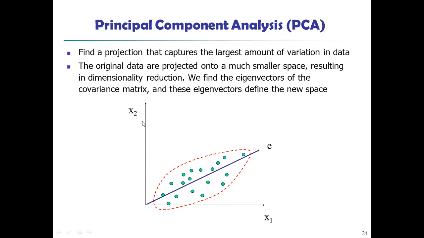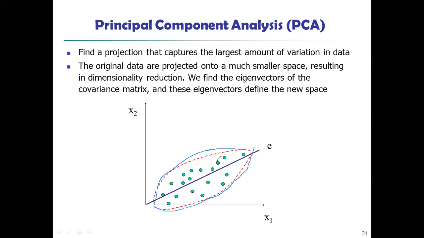For example, this diagram shows principal component analysis. It shows that all the values must be inside these dotted lines only. Whatever data you have, the original data is projected onto a much smaller space.